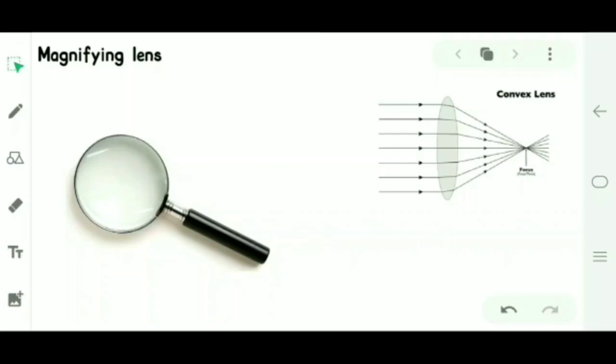Now you can obviously understand that this kind of lens will converge the light rays coming from infinity. They meet at a fixed point. So we can use this magnifying lens to burn any paper. If we place the magnifying lens between a piece of paper and sunlight, the light rays will converge and more heat will be generated.